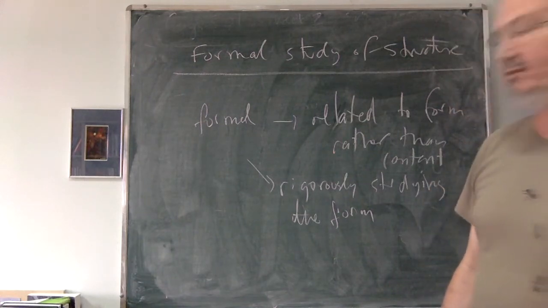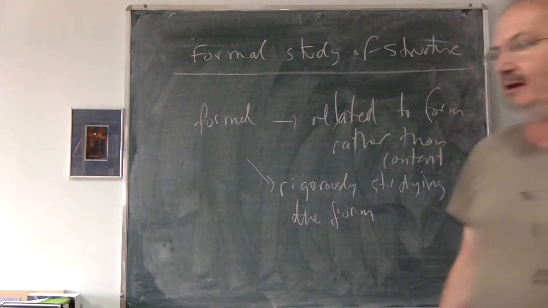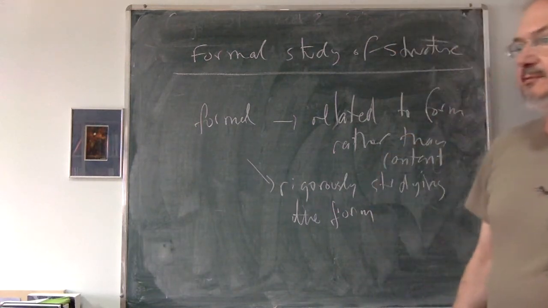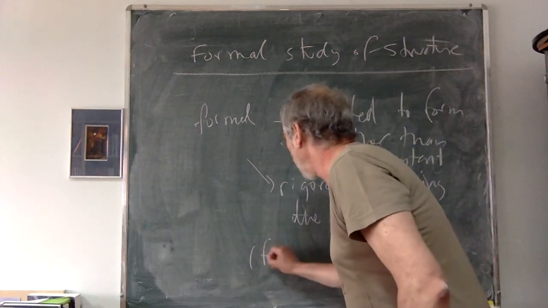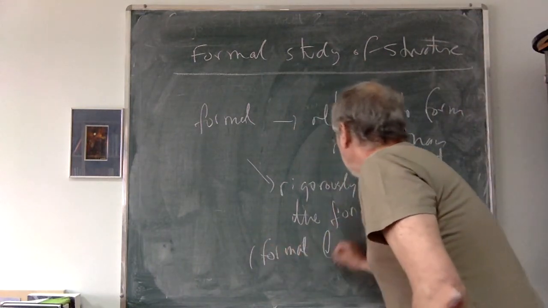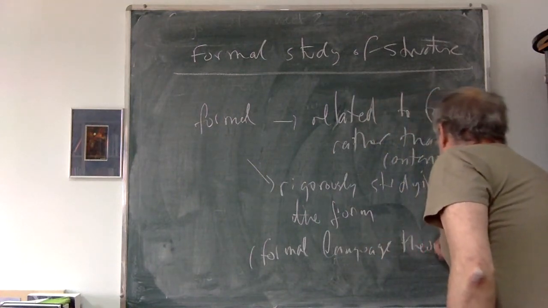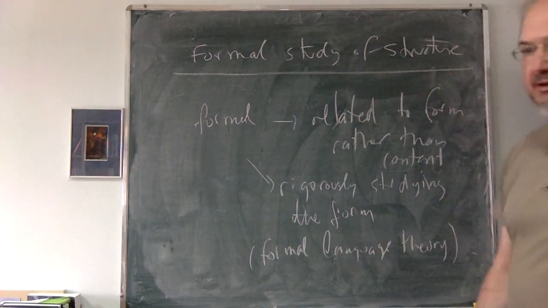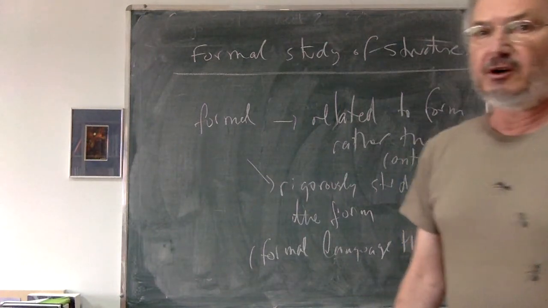And usually when you're going to rigorously study something, you're going to need mathematics. And I'll try and show you, this is going to give you formal language theory. Right, and that's why we're going to use formal language theory for studying form in a rigorous way.